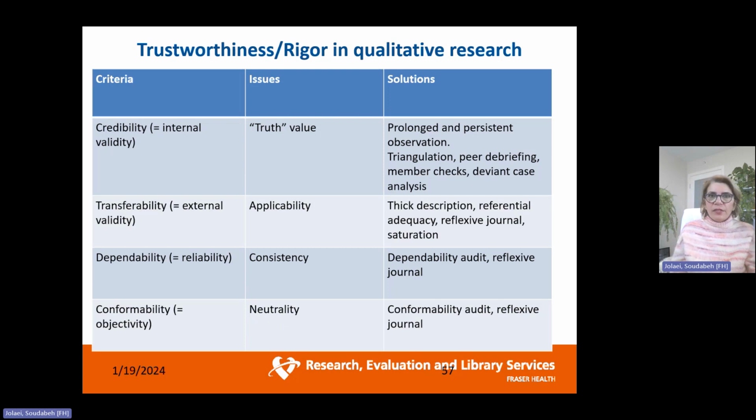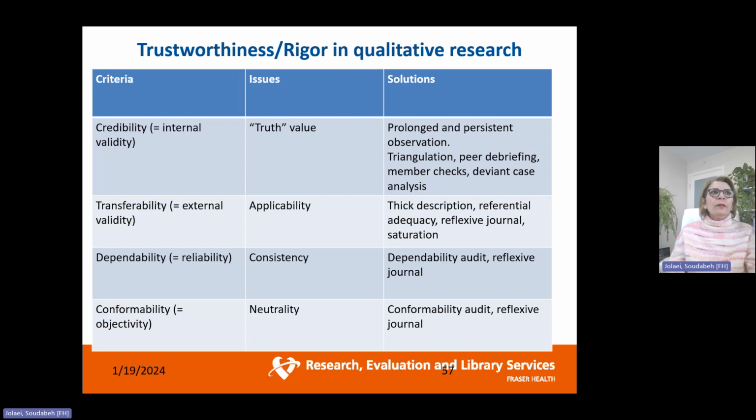Qualitative research does not use the same validity and reliability methods that are used for quantitative research to make sure about trustworthiness or rigor. That is very important. We use different criteria.